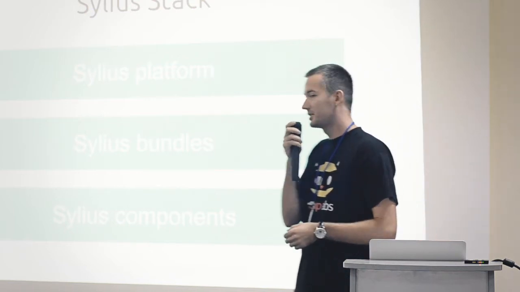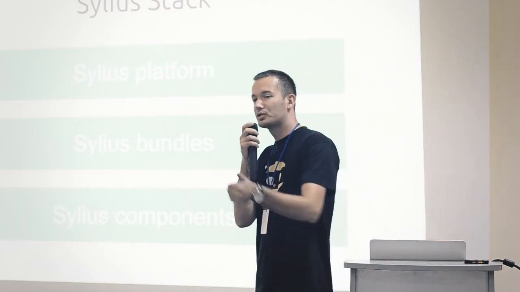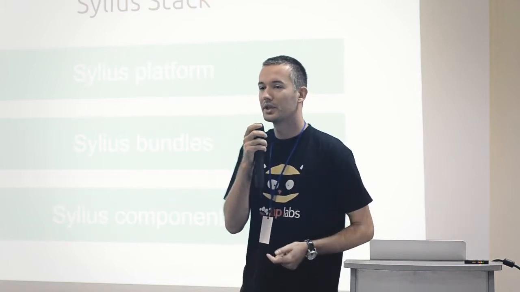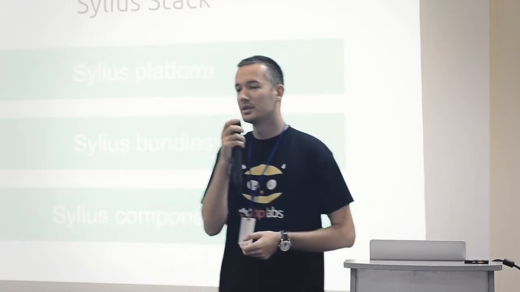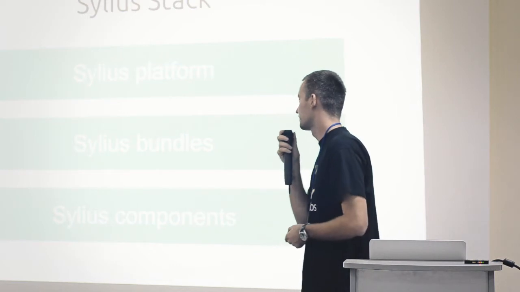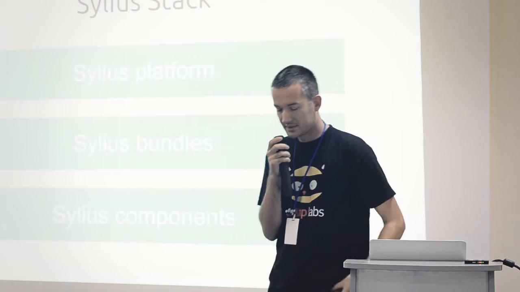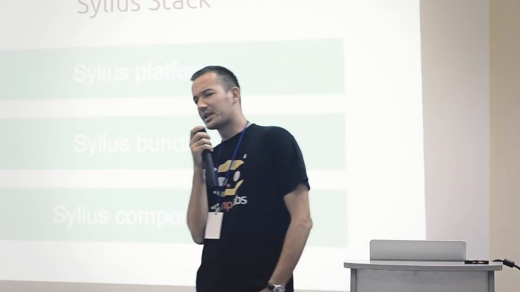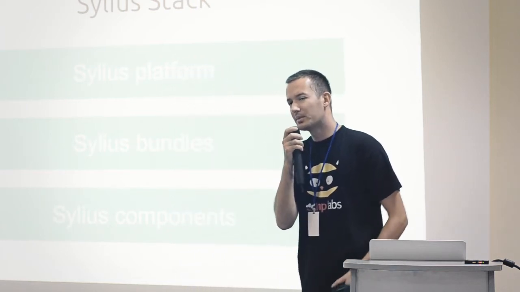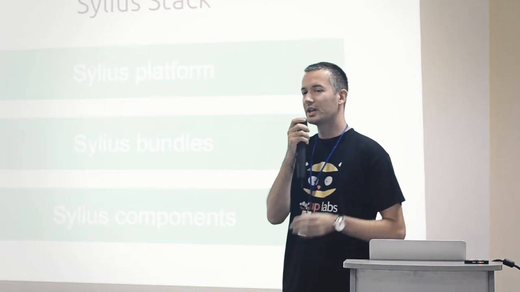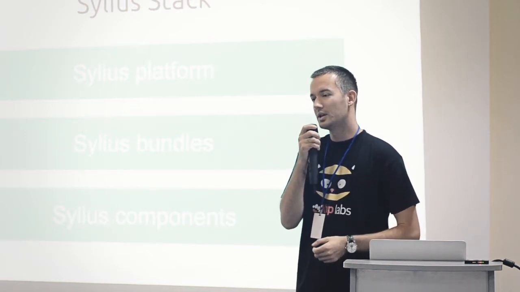On top of that, each component has its own bundle, which is a layer on top to provide Symfony integration. It provides, for example, Doctrine mappings, routing configuration, and basic CRUD lightweight controllers based on Sylius resource bundle, which is the heart of Sylius. It's something like Sonata admin bundle, but a lot lighter and a lot simpler.